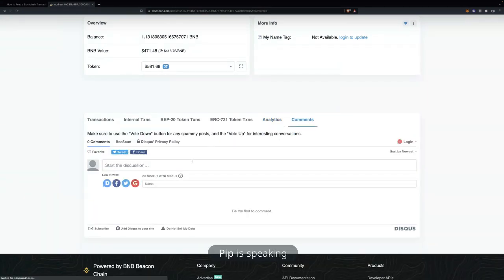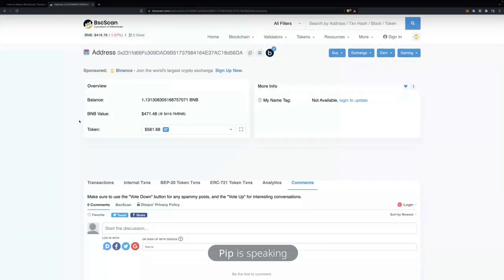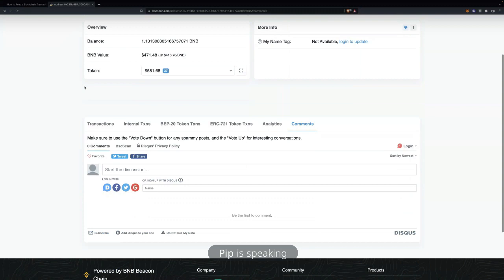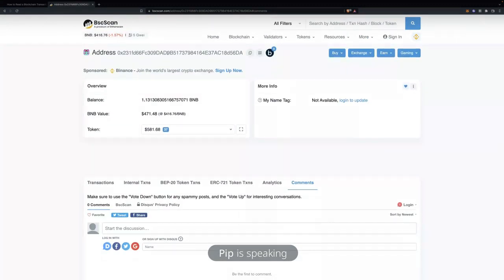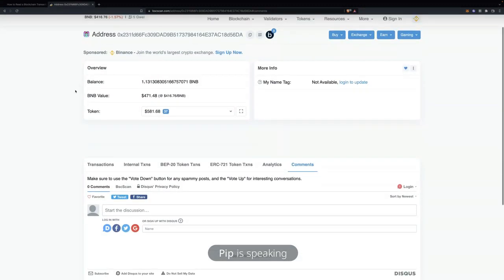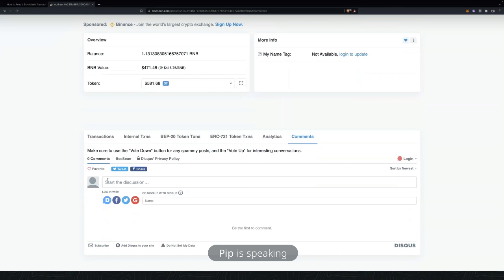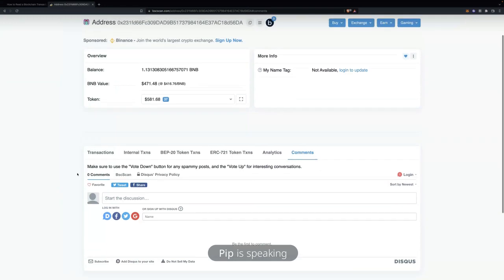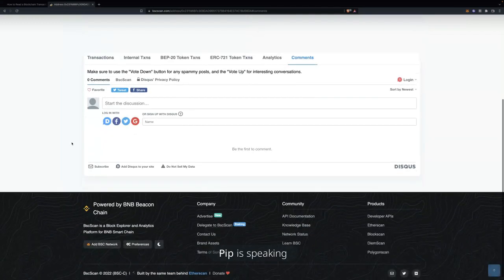This is a good way for users to point out, for example, and this is a completely made up example, that this address was involved in a scam, and that this address is owned by a scammer. So here you could write, beware everybody, this wallet has been incriminated as being part of a big scam, blah blah blah.